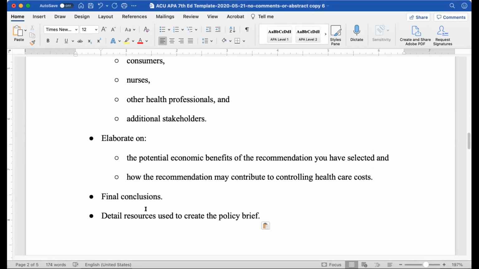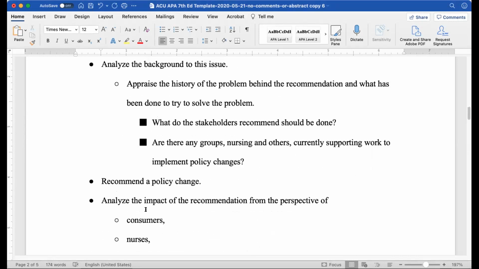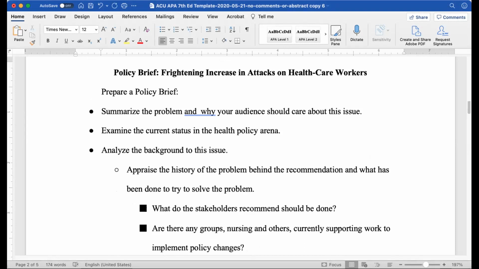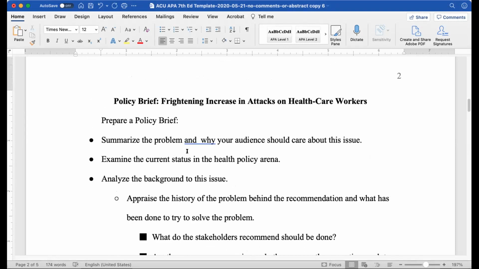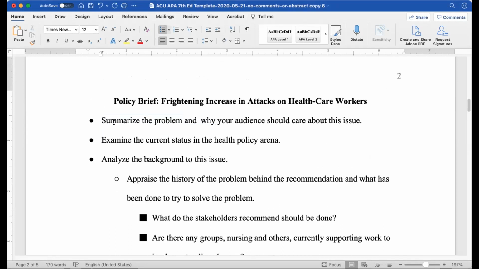So by just pasting it here, I have an idea of how this information is supposed to be organized, and I can just start writing text after each of these.